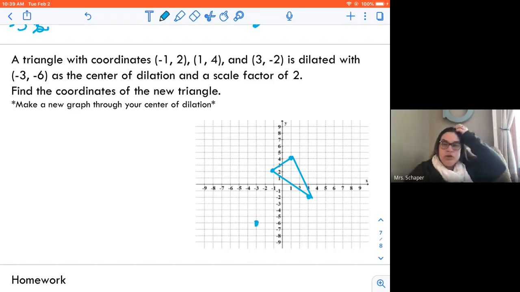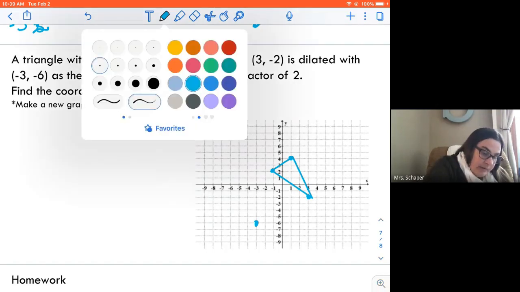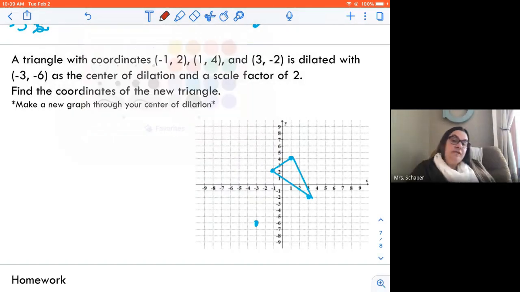What I want to do is shift it so that the center of dilation is the origin. So what I do, and this is one strategy, you pick the strategy that works for you, but this is what I typically do, is I'm going to shift this whole figure up and over so that this point is now at the origin.